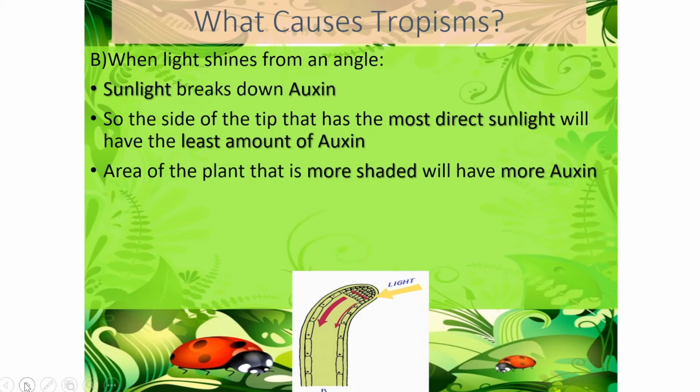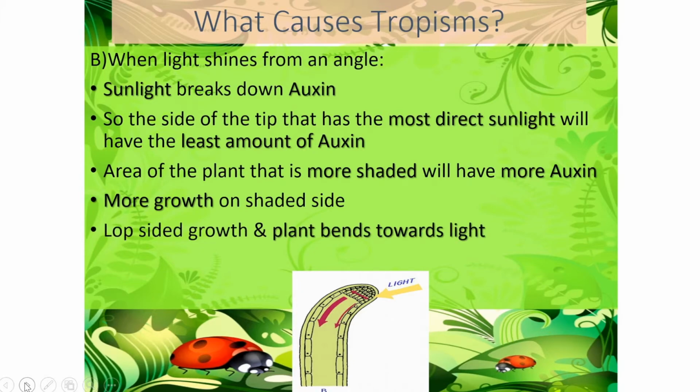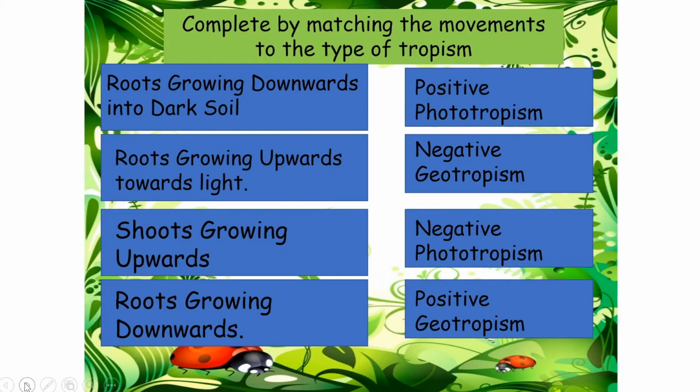The area of the plant that is more shaded, what we call the dark side, will have more auxin, and so there will be more growth on the shaded side. This gives us lopsided growth, and the plant will always bend towards the light. Complete the task in your book by matching the movements to the type of tropism. And here are the answers.